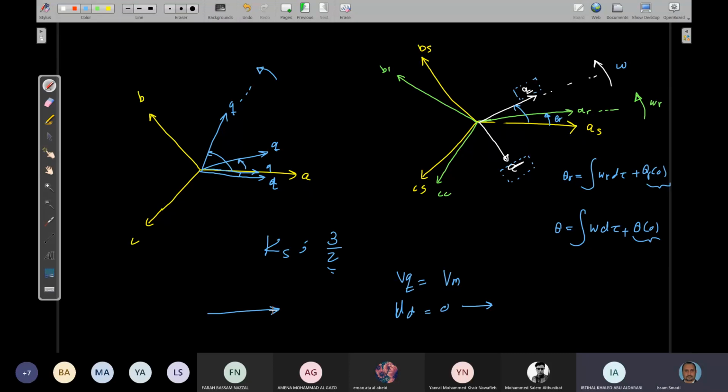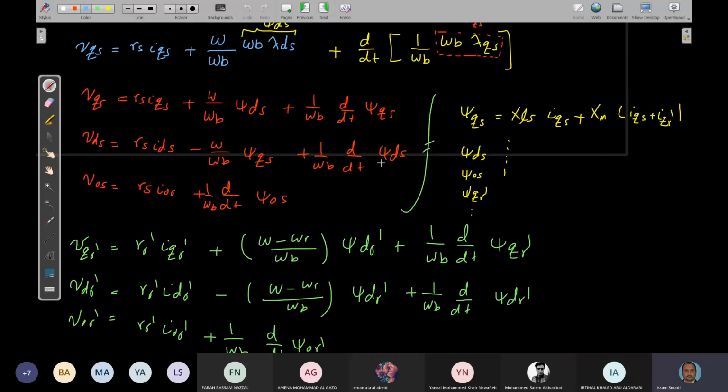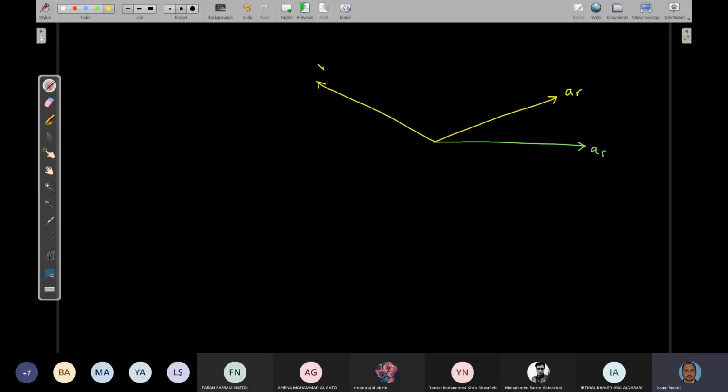Now simply I can use a reference frame which is attached to the stator, and I can refer the stator quantity and the rotor quantity to that frame. Correct? Or I can assume, in the end of the day, if you notice, when we referred the rotor, we say that this is AS, this is AR, this is BR, and this is CR.